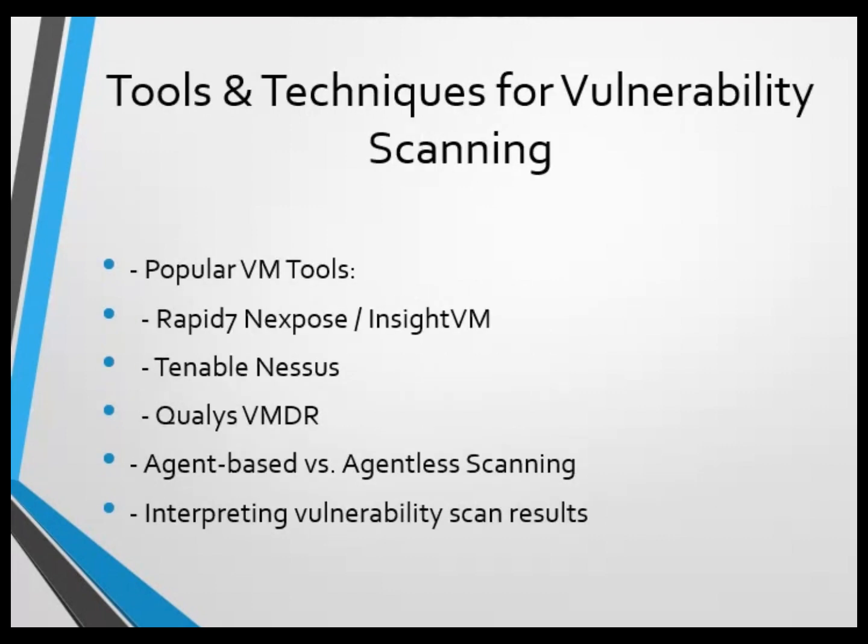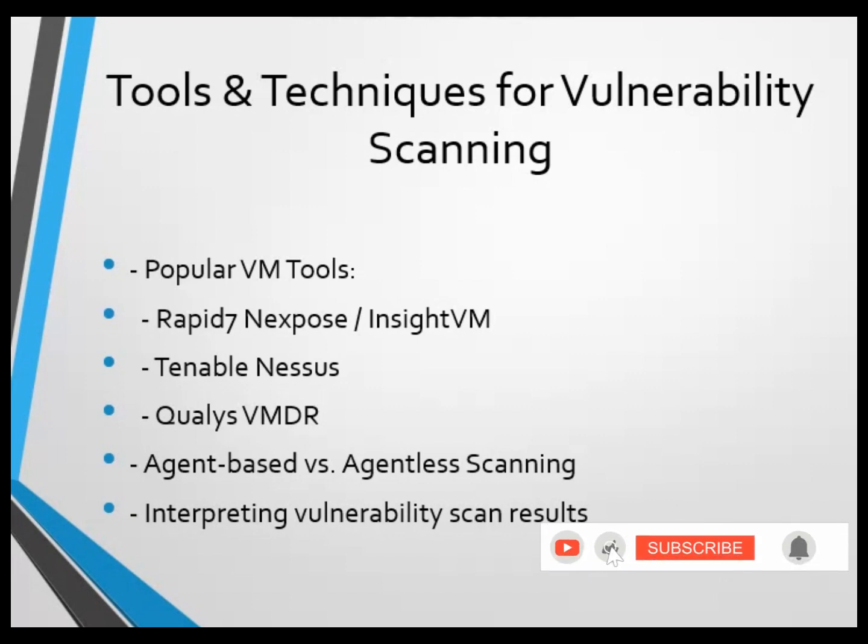Tools and techniques for vulnerability scanning. There are popular VM tools called Rapid7 Nexpose, InsightVM, Tenable Nessus, Qualys VMDR, and there are agent-based versus agentless scanning, interpreting vulnerability scan results, and visual tools, logos, and scanning workflow. Vulnerability scanners are essential tools for identifying security gaps.